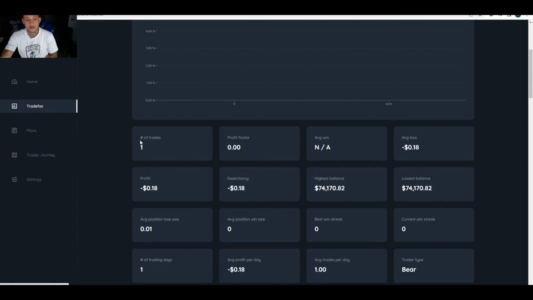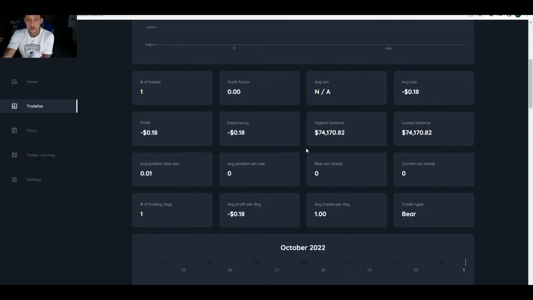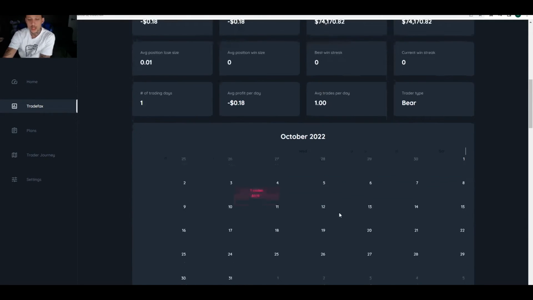You can scroll down, see the number of trades, your profit factor, average win, average loss, the profit on your trading account, the expectancy, highest balance, lowest balance, average position size on a winning trade, best win streak, current win streak, and then vice versa. You have the same thing for the loss. And then it also tells you what type of trader you actually are. In this specific situation, because I've only taken one sell, it tells me I am a bearish trader.